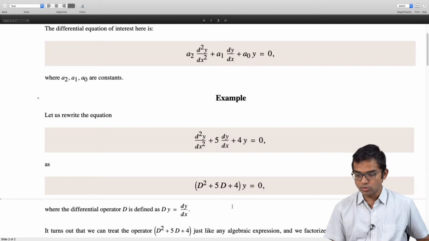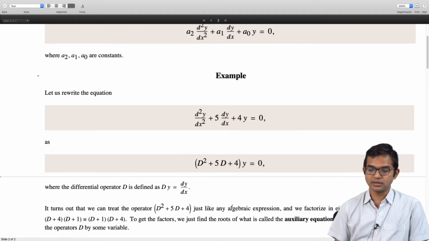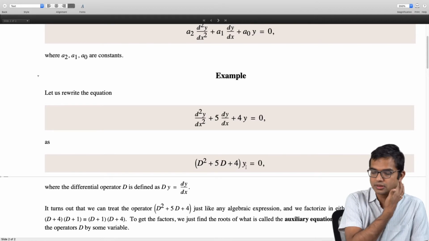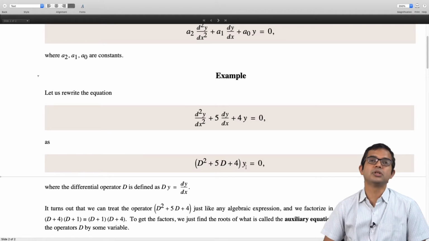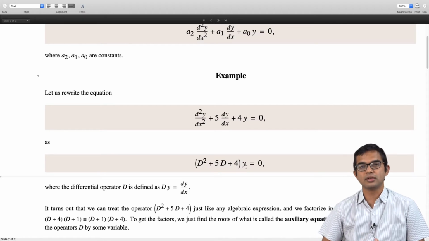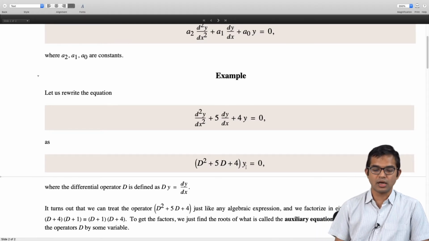There are two convenient ways of factorizing this. If you thought of this quadratic form d squared plus 5d plus 4, you can equate that itself to 0 and think of this as a quadratic equation. You will get two roots, and so that can be used. In this case the roots are -1 and -4.